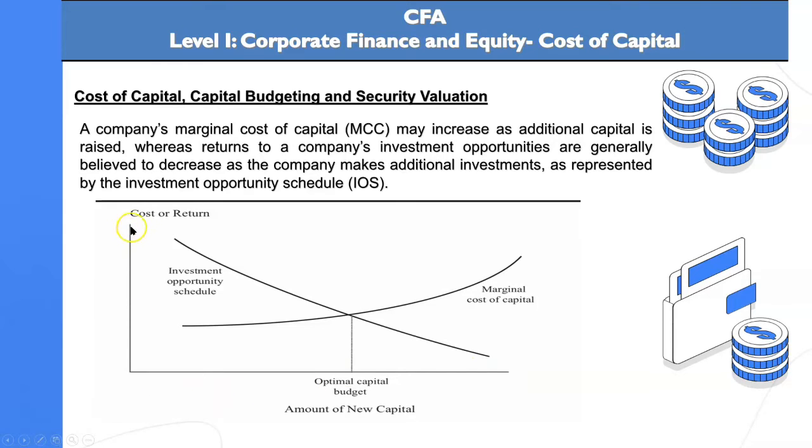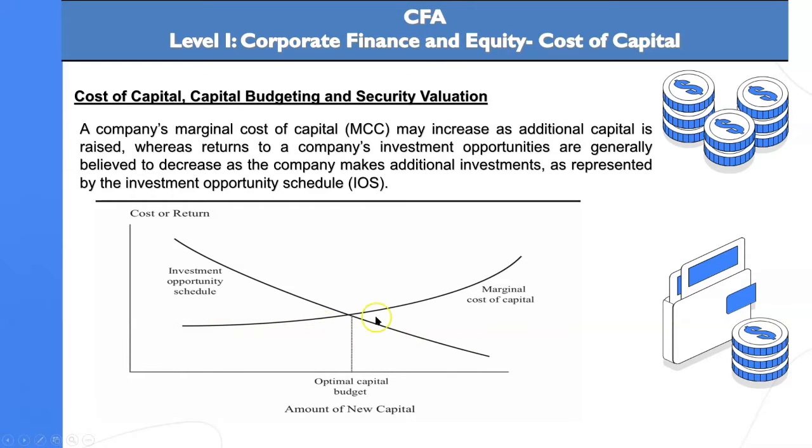One line represents investment opportunities available. As you can see, it is downward sloping, meaning the number goes down. If we have 20 projects here, here will be 15, here might be 10, 9, until we come to 0.